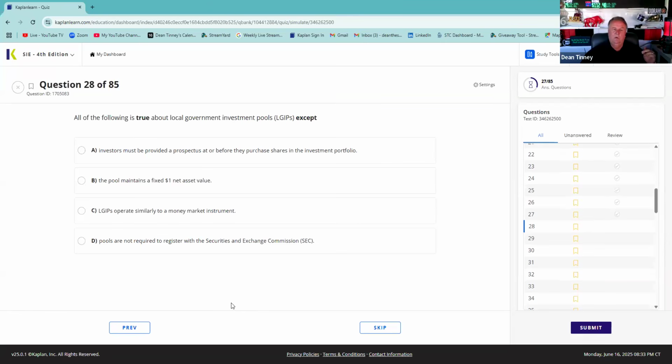All the following is true about local government investment pools, except. Investors must be provided a prospectus.